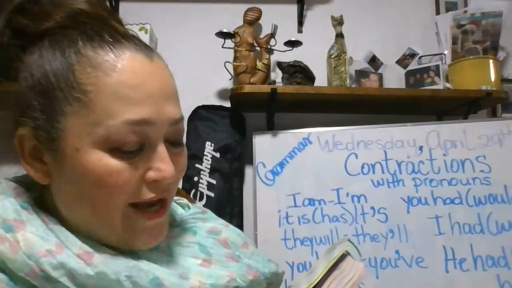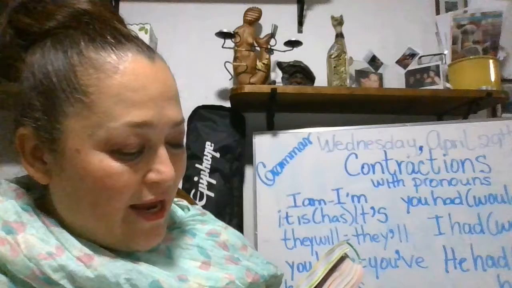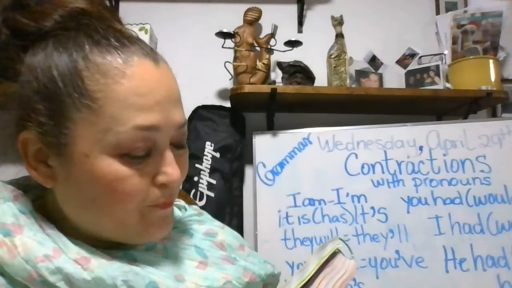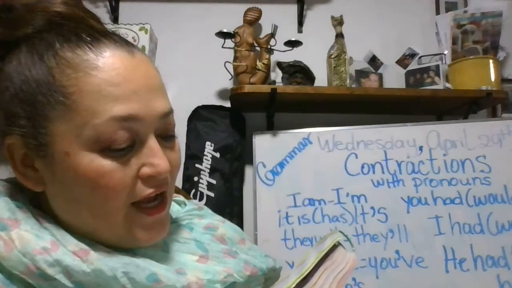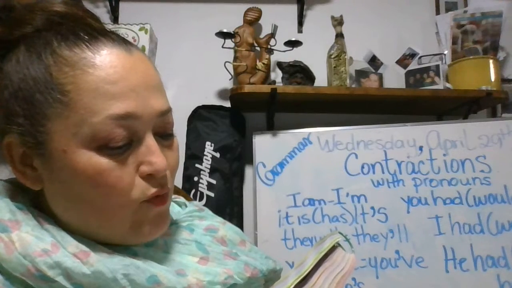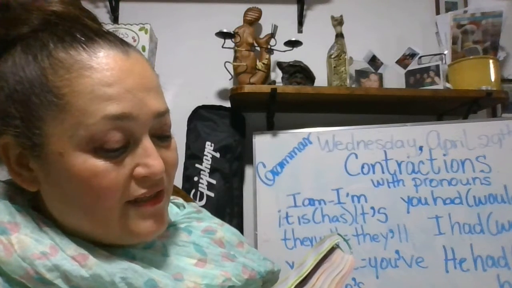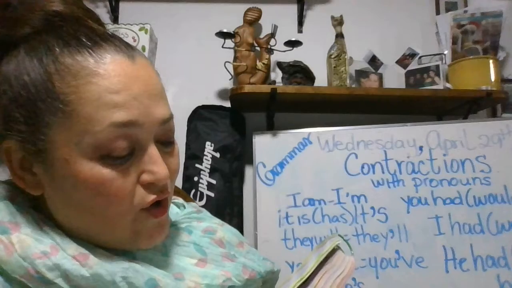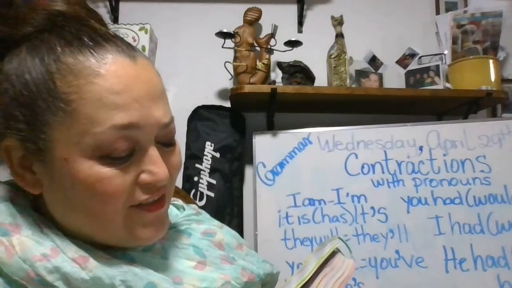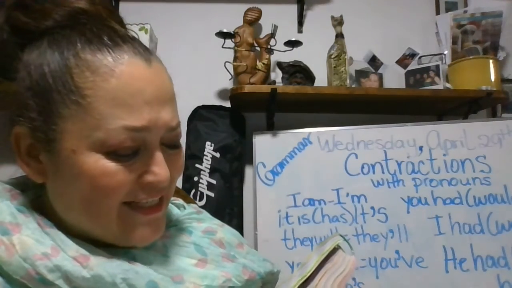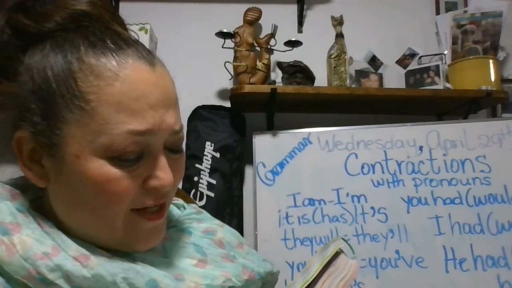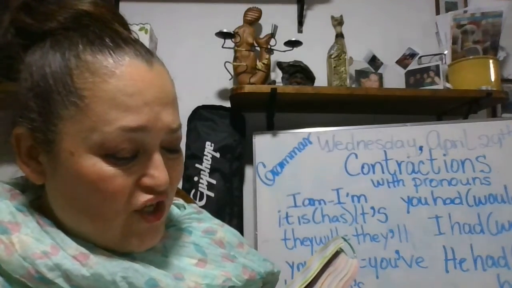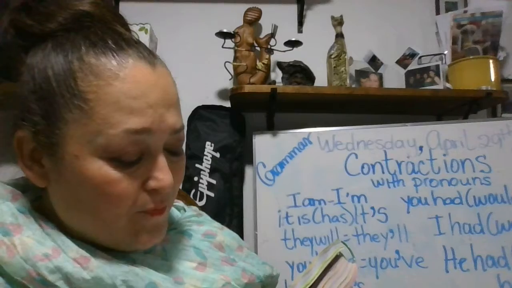Number 2, what change, if any, should be made in sentence 2? It willn't be difficult to solve. Willn't, guys. A, change willn't to want. B, change willn't to won't.